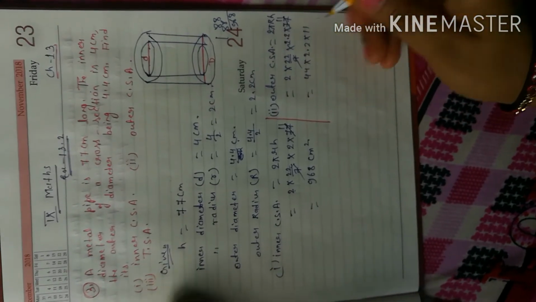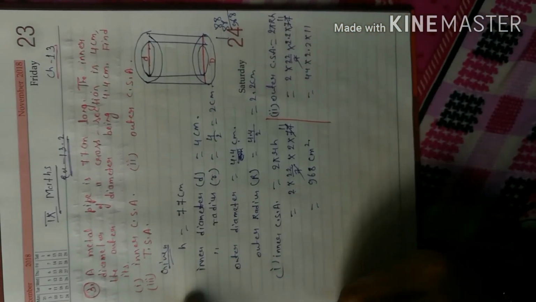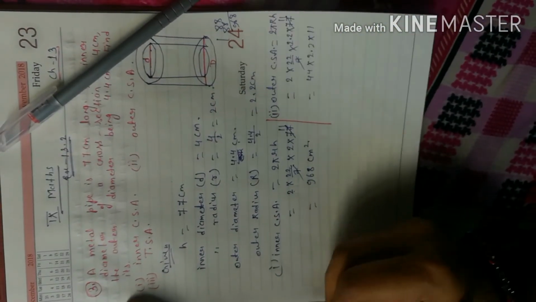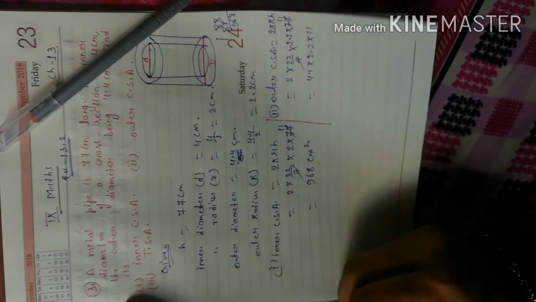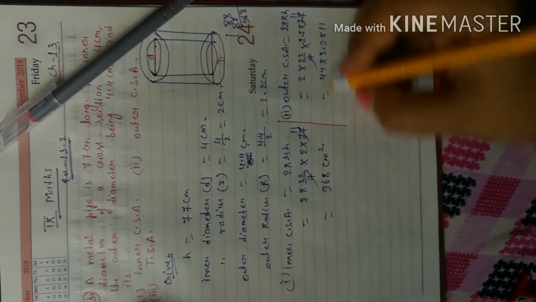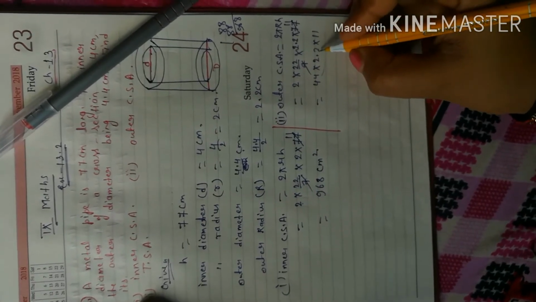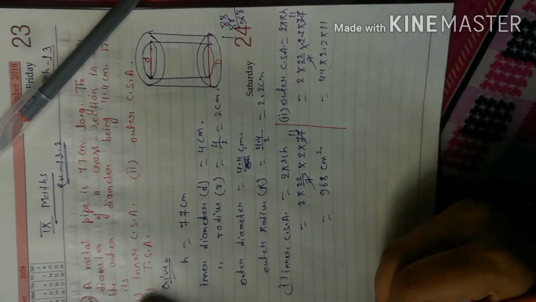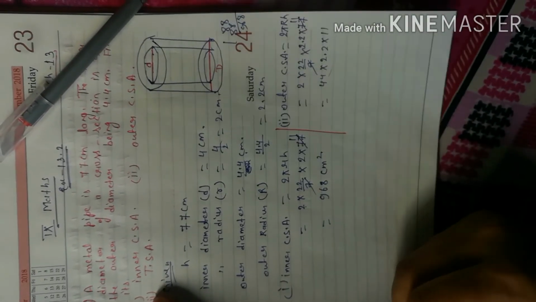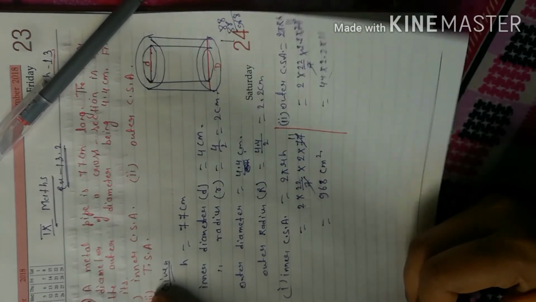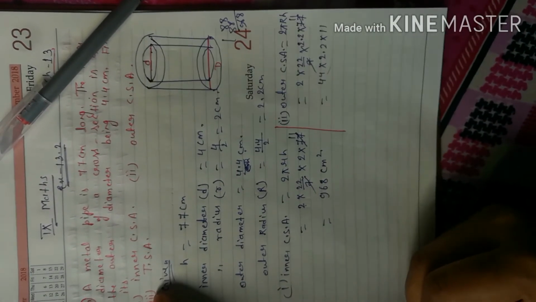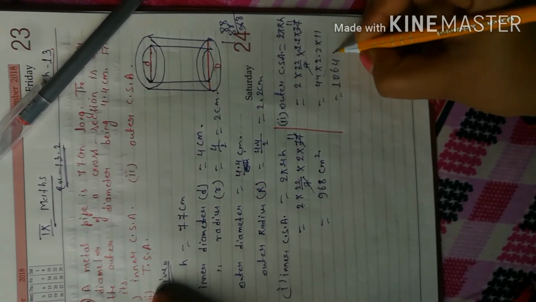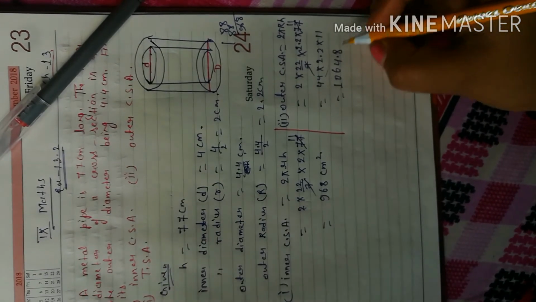Multiplying, we get 10648, and after one digit we put the decimal.